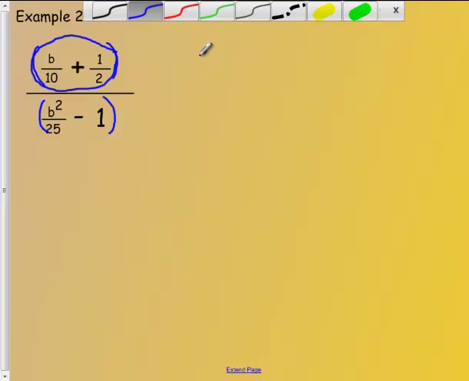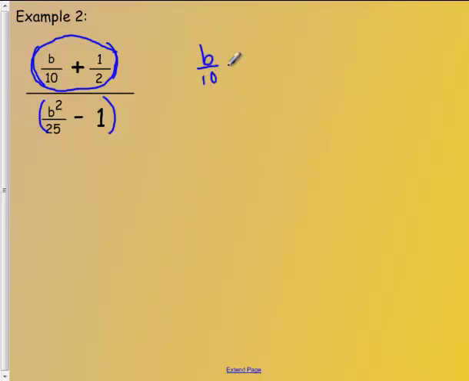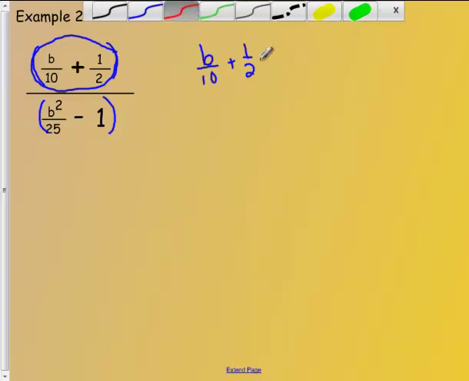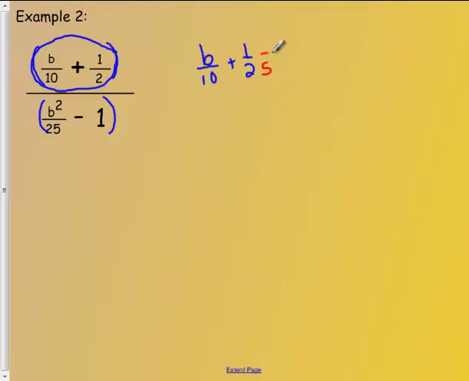All right. So b over 10 plus 1/2. I'm going to get a common denominator, which is 10. So that means I'm going to multiply top and bottom by 5, and this turns into b over 10, because there's my common denominator, plus 5.